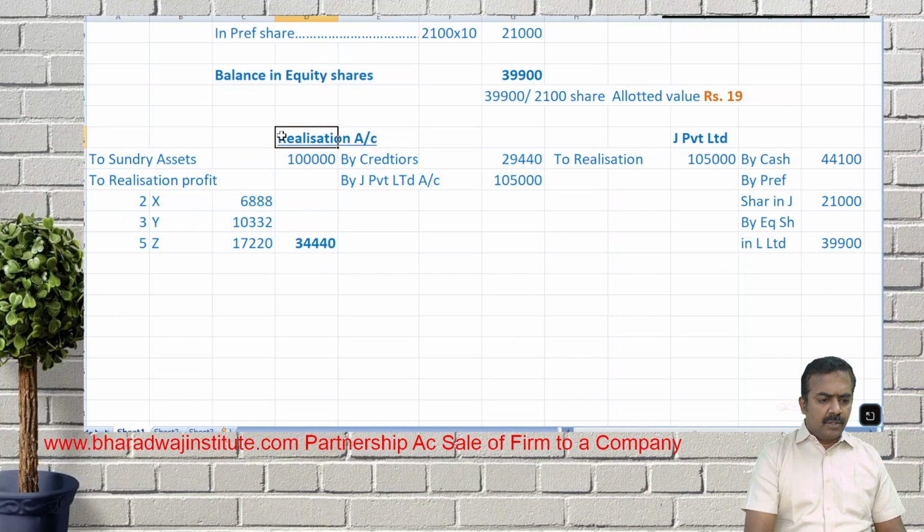So which accounts did we prepare? A realization account and J Private Limited, the purchasing company account.